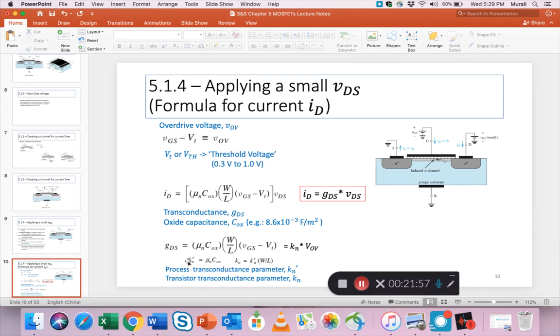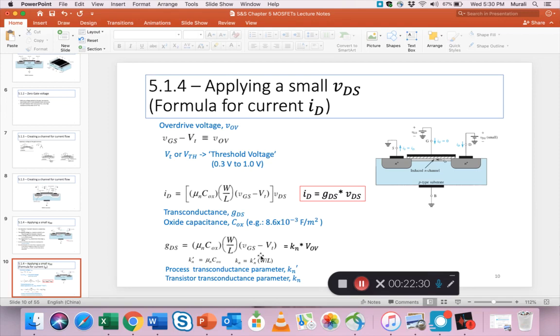Kn, unfortunately, depends on another Kn prime. All these are new, and you have to get familiar with them. Kn prime is called the process transconductance parameter. Kn is called the transistor transconductance parameter, and we'll use all these in some simple problems to understand how they fit together and what their magnitudes are. How big are they? Are they 10 to the power 15, or 10 to the power minus 15?